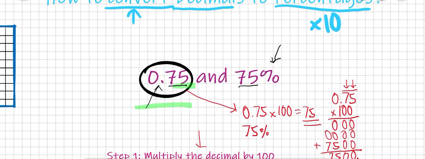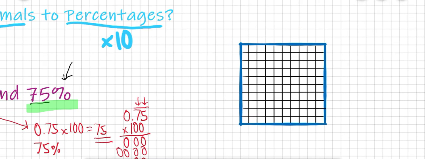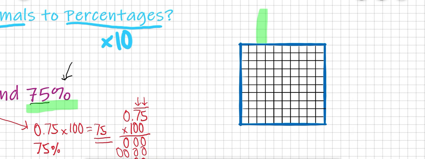Let's move back to our right. Now let's represent this 75% in this hundredths table. This would represent 100%. Now, if this whole thing represents 100%, then because there are 100 little squares in this big square, one of the little squares would represent 1%, and 10 of the little squares would represent 10%.